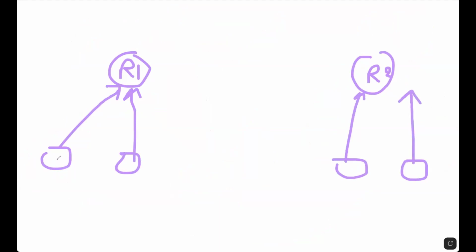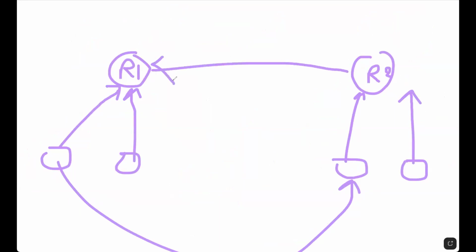Now, if this one wants to communicate with this one, can this router communicate with this router? Is that your question? Yes. Absolutely, this can be done with a routing protocol. We can do static routing, or we can do dynamic routing. There are multiple ways you can accomplish this.